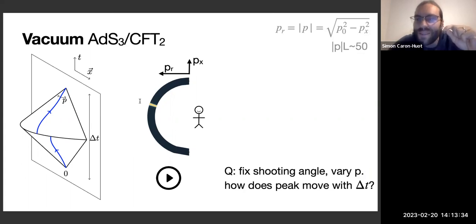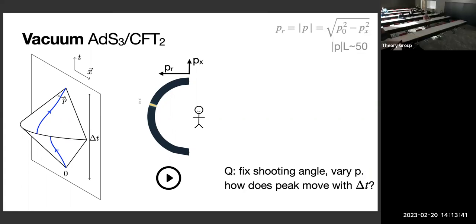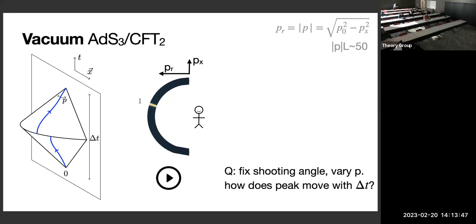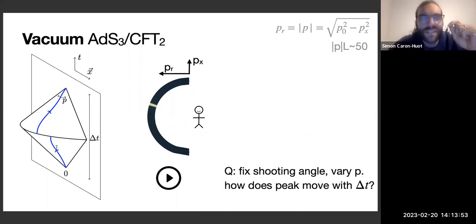Someone said that the yellow spot will move up, because the null geodesic shot from the origin will go further along the way. Yes, maybe the picture is a bit misleading because I drew them as curved, but really in vacuum, these lines are straight.